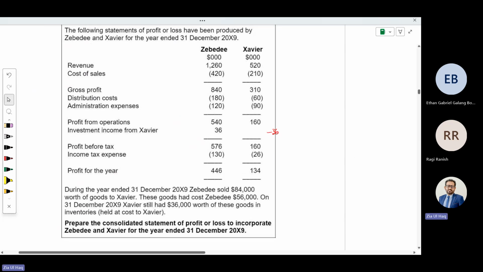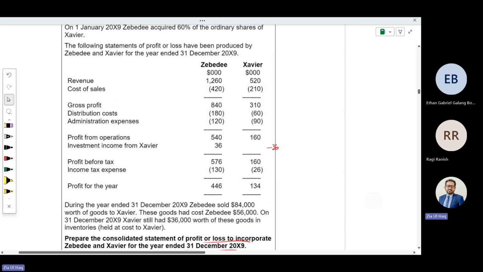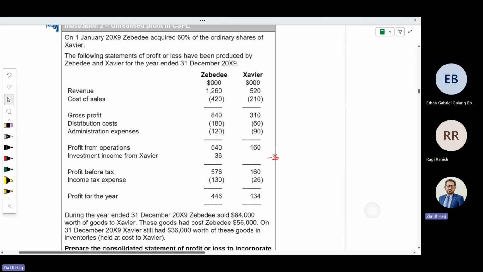During the year, you need to prepare the P&L at 31st December 20X9. And they acquired at the start of the year. If a subsidiary is acquired during the year, while adding subsidiary results, we need to apportion according to the month. Suppose the subsidiary was acquired on 31st March.